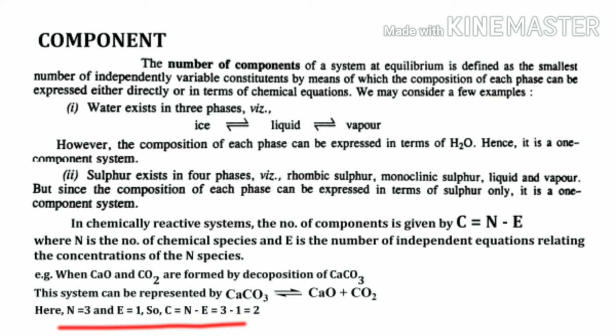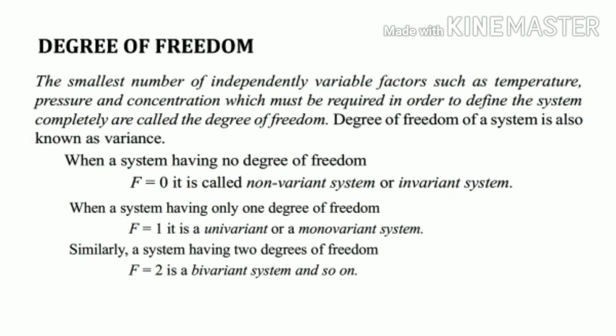So N = 3 and the system can be represented by one equilibrium equation, so E = 1. Therefore C = N - E, that means 3 - 1, which is equal to 2. So this is a two-component system, that means the number of components in this system is 2.